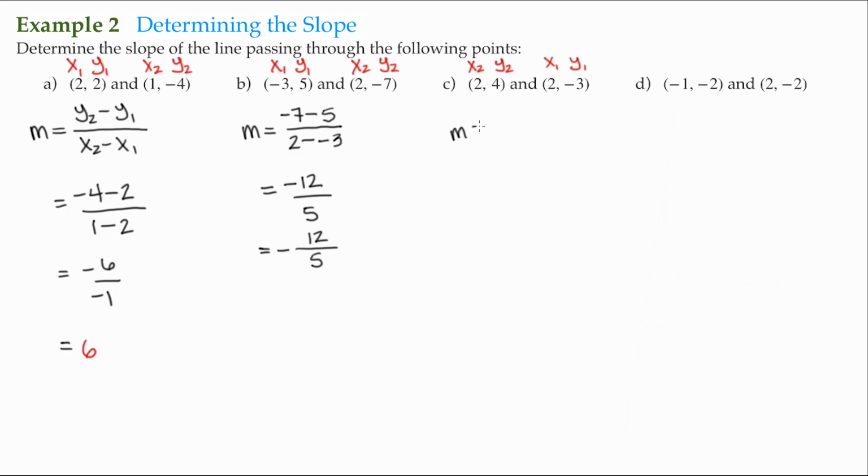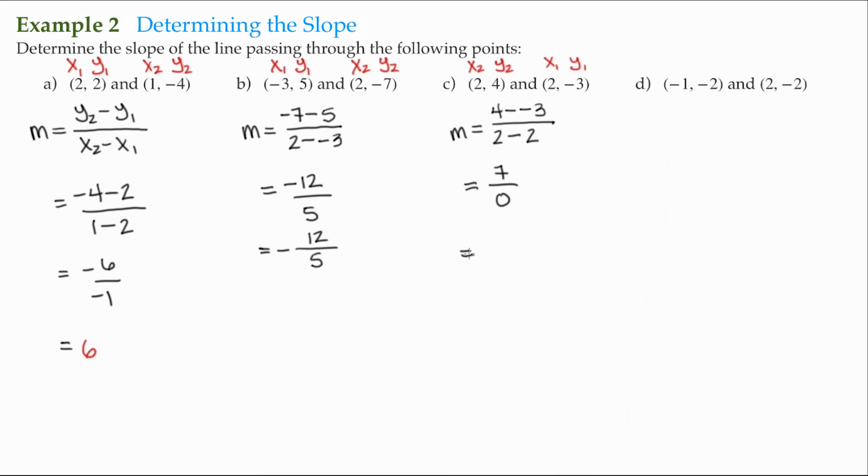So then we have a slope, y sub 2, that's 4, minus y sub 1, that's negative 3, over x sub 2, that's 2, minus x sub 1, that's also 2. 4 minus negative 3, that's the same as 4 plus 3, that's 7. And 2 minus 2, that's 0.